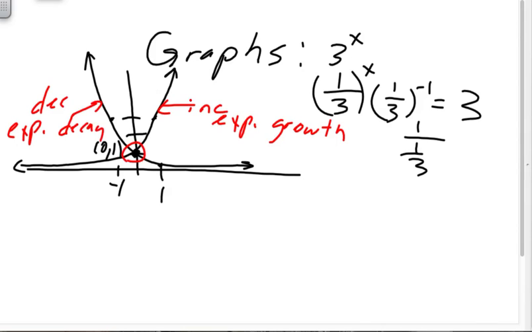The other thing you notice is they both have a horizontal asymptote at y equals 0. And this is also common to all of our exponential functions unless we translate them. They're going to go through this point and they're going to have a horizontal asymptote of y equals 0. Okay, so let's talk about transformations then.